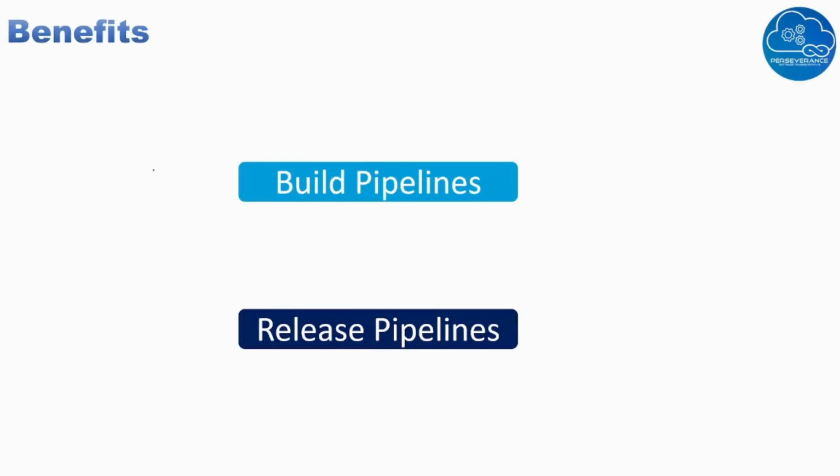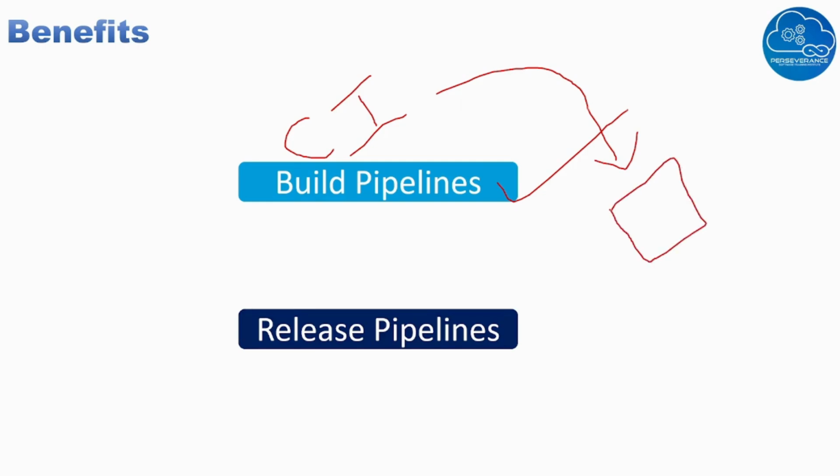As for how Azure differentiated this, build pipelines are responsible for continuous integration, which is all about what we have discussed in the previous slides. Release pipelines are about what happens once the final artifact, meaning our final product, is available. We should deploy it, enabling that application within the test team or to outside customers.